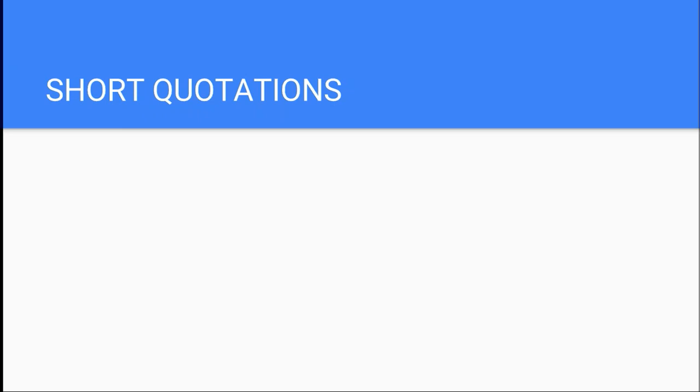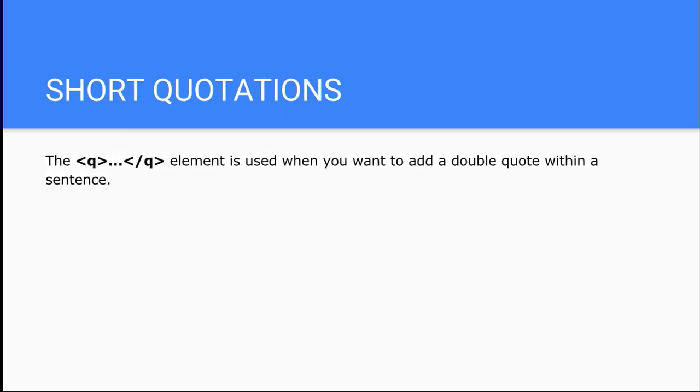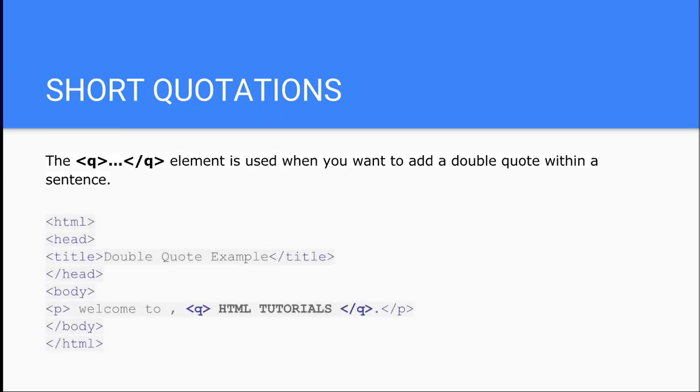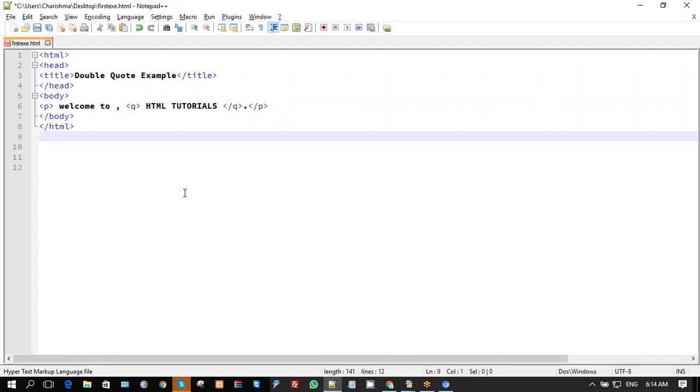And the next tag is short quotations. The Q and /Q element is used when you want to add a double quote within a sentence. So this will work inside a sentence. Let us see. The code is already here and I'm saving this code.